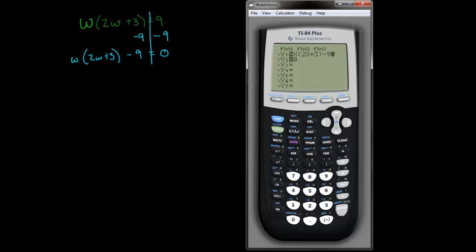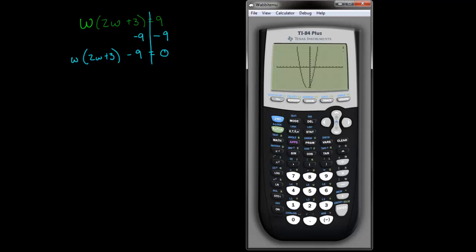Now let's go ahead and look at our graph. Alright, so I've got my window set from the previous question, and we can see where it comes up through this manner, but we don't see the other half of it. So I'm going to go ahead and zoom standard, zoom 6.